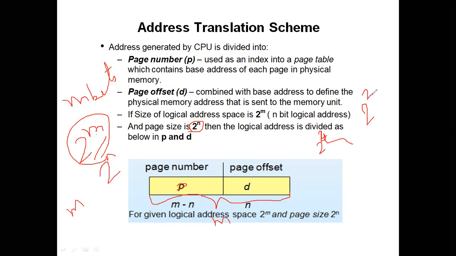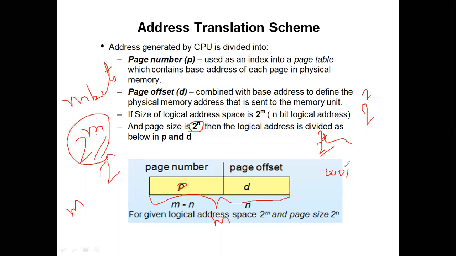If the logical address space is 2 raised to power 4, the number of bits in the logical address will be 4. So it will be something like this: 0, 0, 0, 1. So this is a logical address.